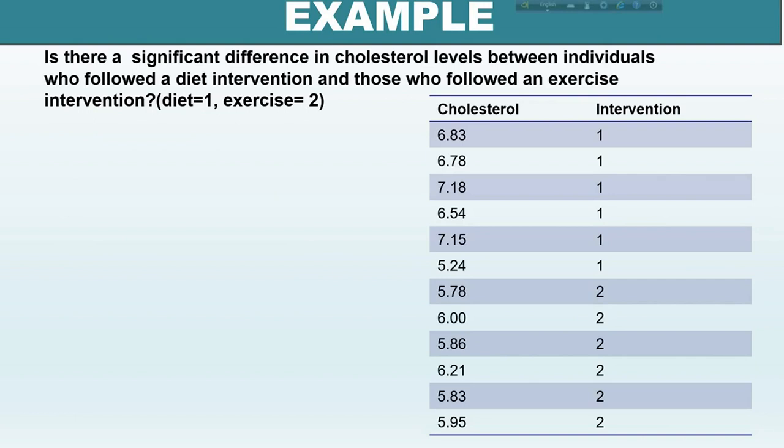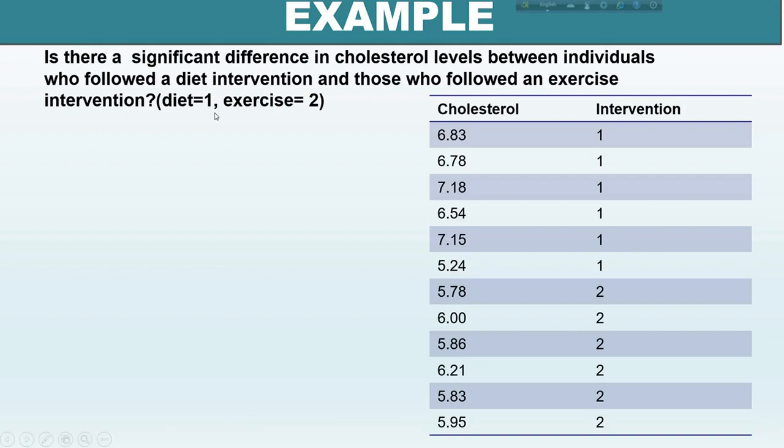So here we need to test whether there is a significant difference in cholesterol levels between individuals who followed a diet intervention and those who followed an exercise intervention. That means, as I said previously, we have two different groups, one followed diet and one followed exercise.